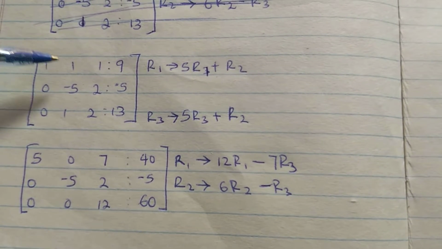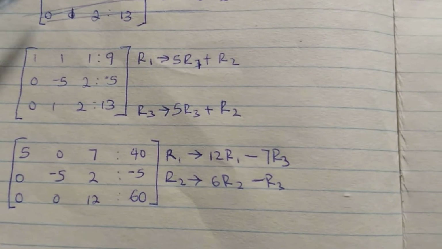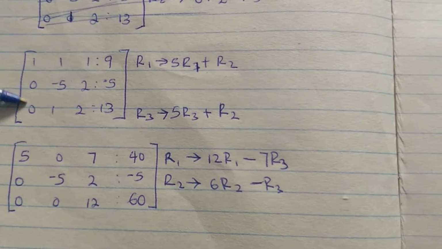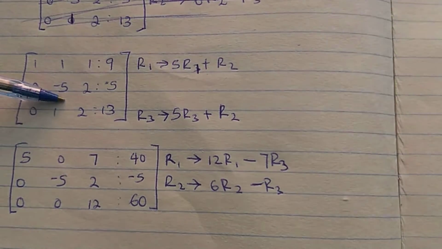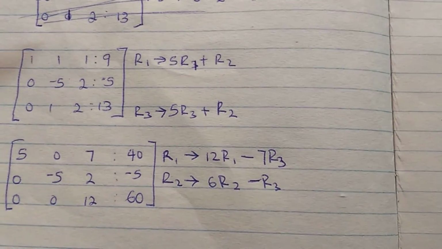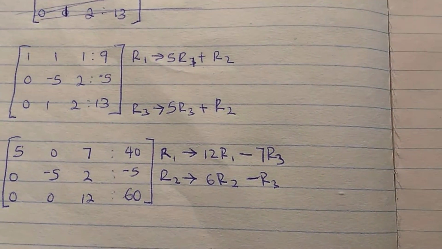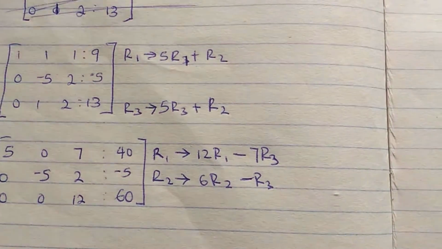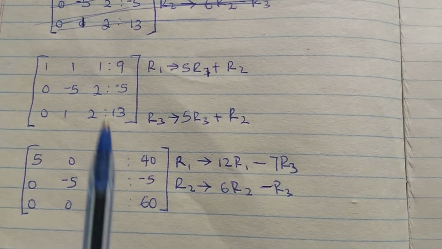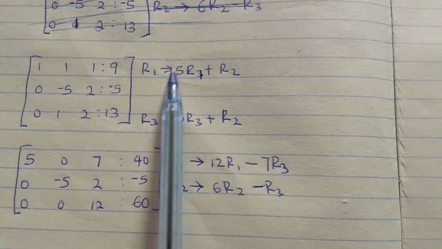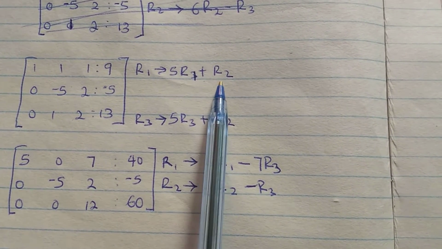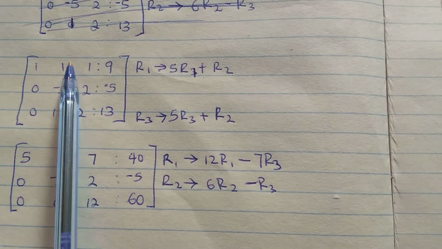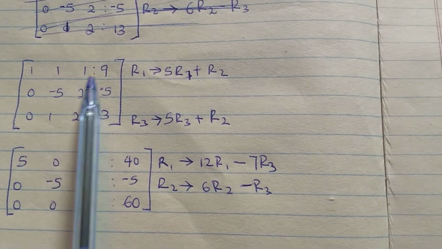Now we still want to make this one a 0, and the one in the first column also a 0, the one in the middle. That is done by making row 1 be 5 row 1 plus row 2, such that we obtain this one as a 0.